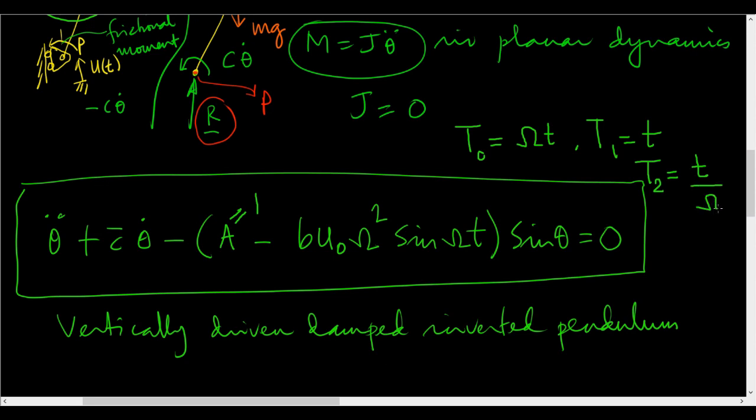But of course I will just say omega is equal to 1 by epsilon, and then what will happen is here I'll have that singular time.